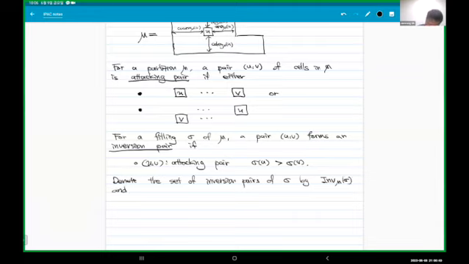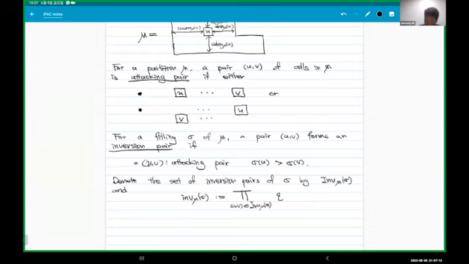And we define inv_mu of sigma by the product of q, where the product is over all inversion pairs. So the definition is slightly different. Usually it counts the number of inversions, but we decided to slightly modify the definition. And this is not a very big difference.